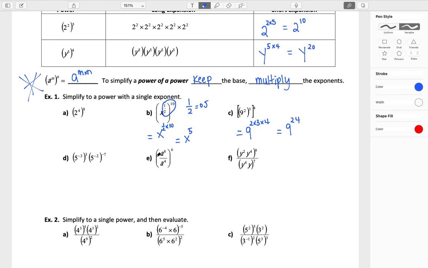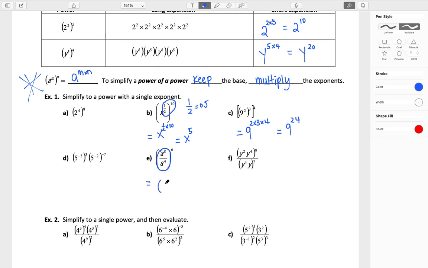Now, what about letter E? For letter E, what you could do is multiply like this to the top and bottom, or you could simplify what's inside the bracket first. Because these two are the same base, I'm going to divide them.